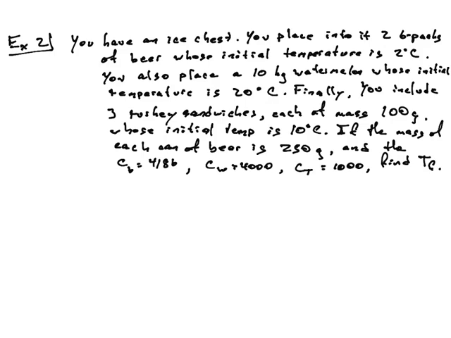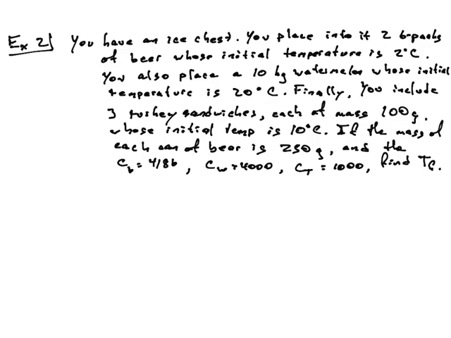All right, so I tried to create something a little more complex here. You have a system. The system includes 12 cans of beer, which is at its temperature, a big old heavy watermelon, which is at its temperature, and a couple of turkey sandwiches, which is at their temperature. Put them all into an ice chest and let that thing come to equilibrium.